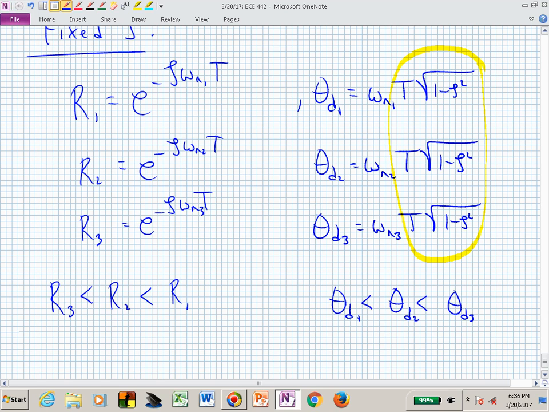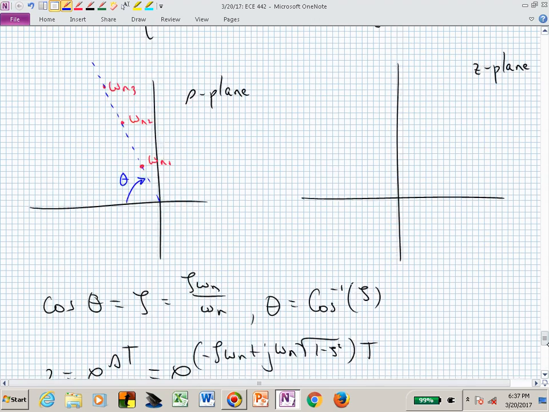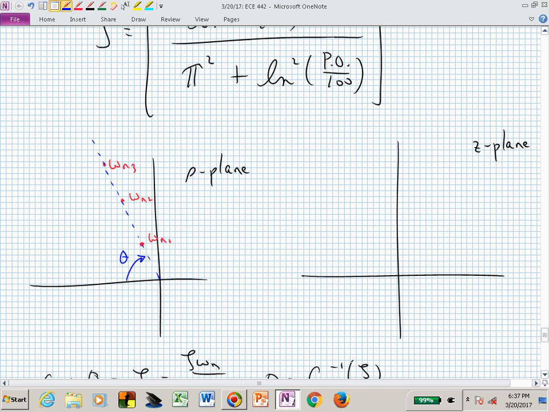Is your head hurting yet? So my radius is getting smaller and my angle is getting bigger. I want to now map that in the z-plane for this particular dashed curve. What did I just say? My radius is getting smaller, so maybe for omega sub n sub 1, I'm here, and my angle is small.